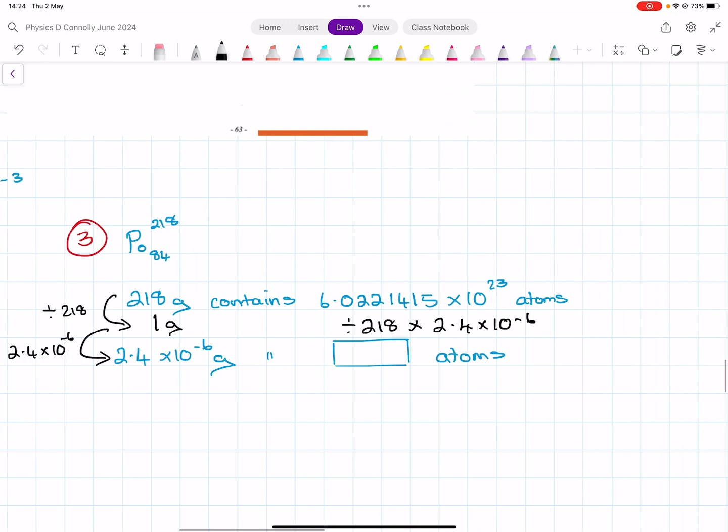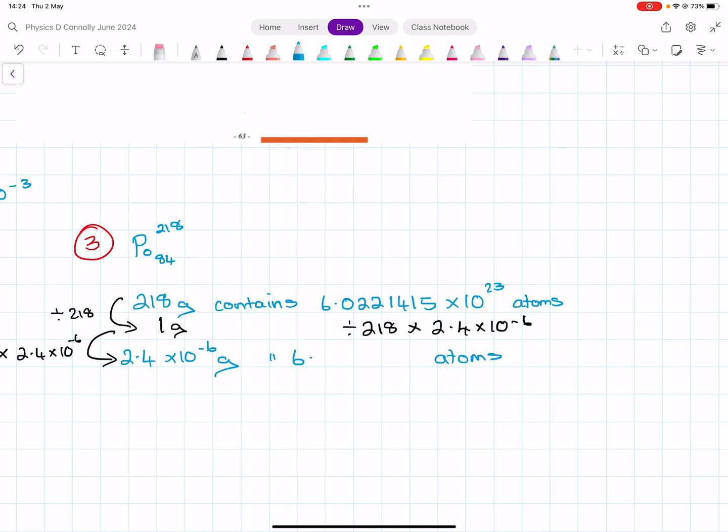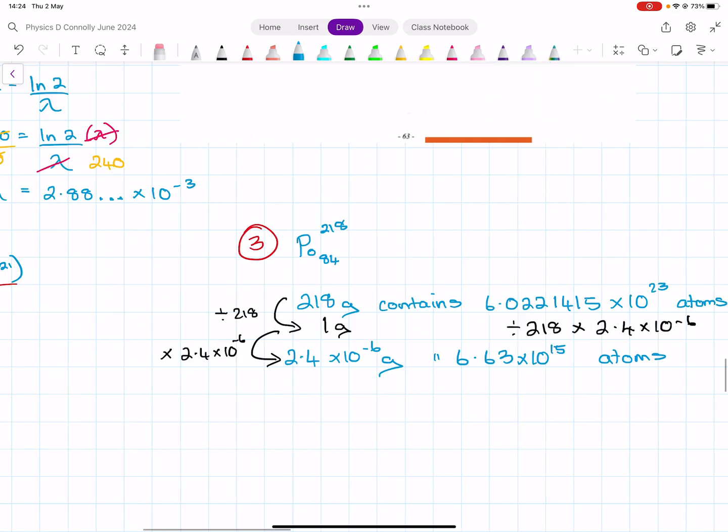I am getting that this mass contains 6.63 by 10 to the 15 atoms.